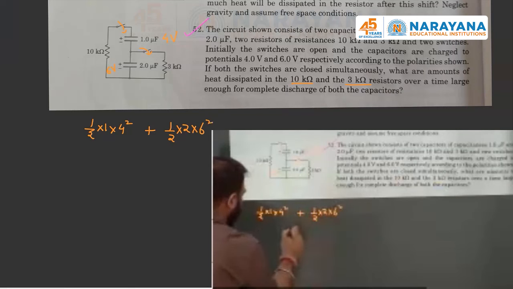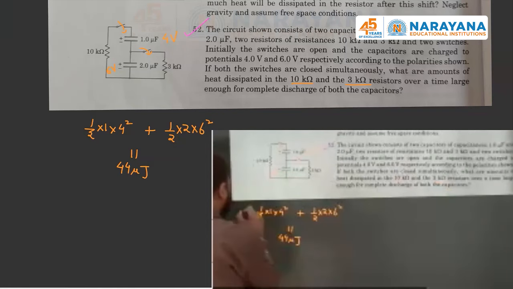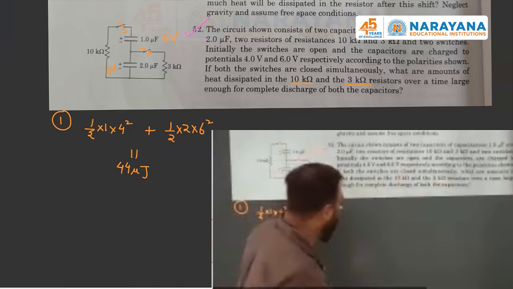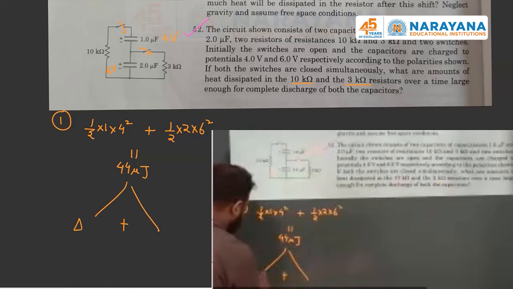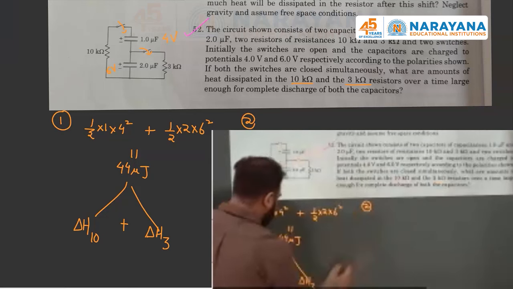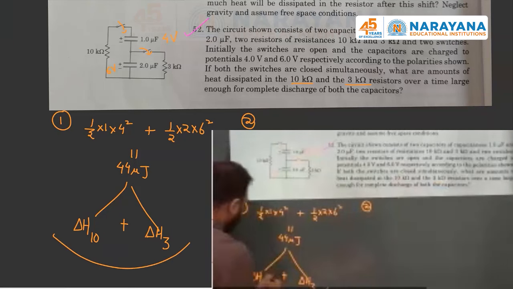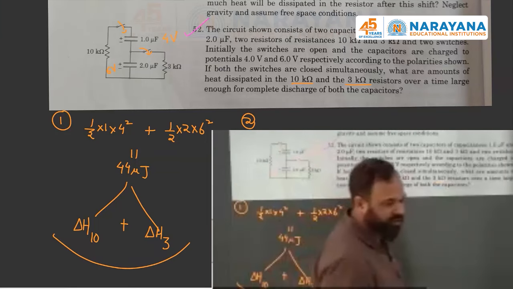So I have a value of 44 microjoules. The problem in this question is we understand that at infinity both of them are fully discharged. There is no voltage, no current. The main point is, can you find out the distribution of this energy between the 10 kilo ohm and 3 kilo ohm respectively? My concern is to write the individual values. I know the total heat generated.